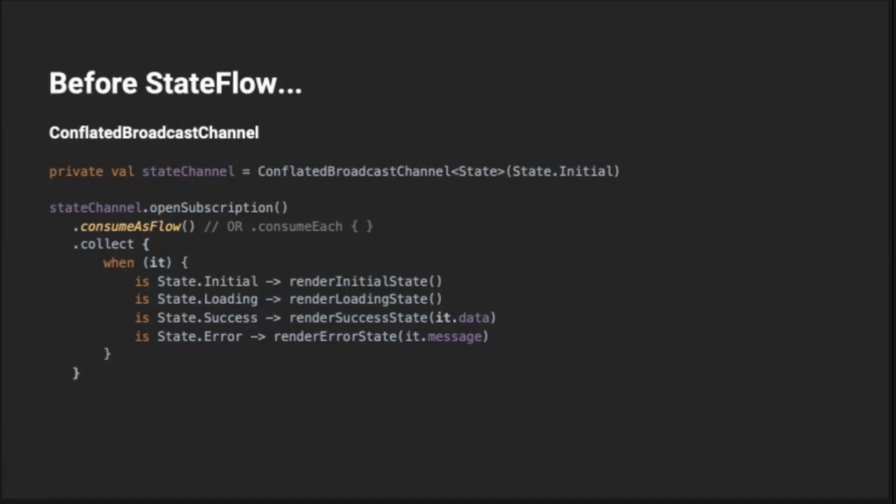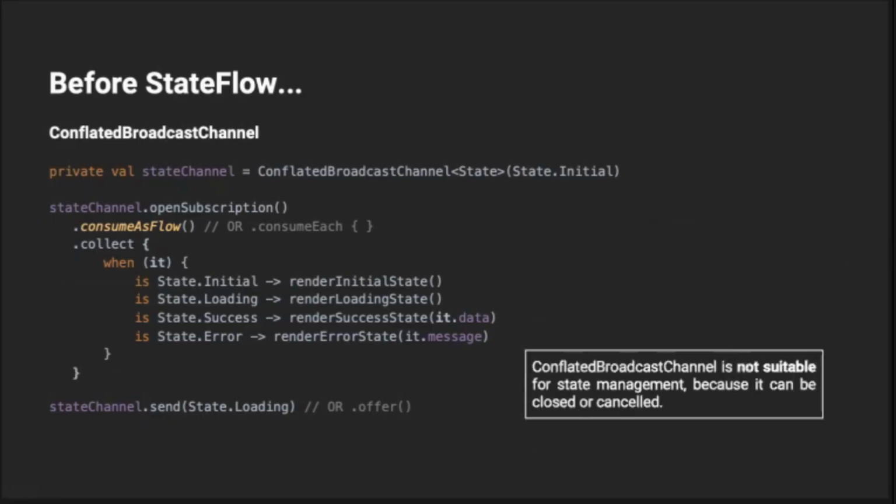Then we render the collected state using when to differentiate each state. And to emit values, we can use either send or offer function, where we can put any state as the parameter. Providing state management using conflated broadcast channel can be done this way.